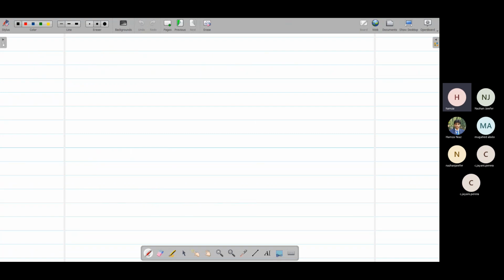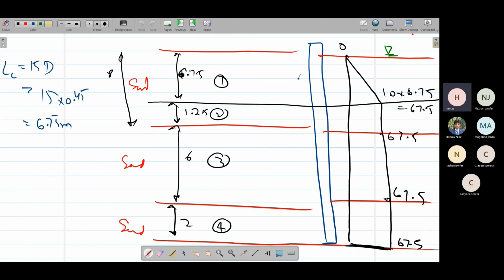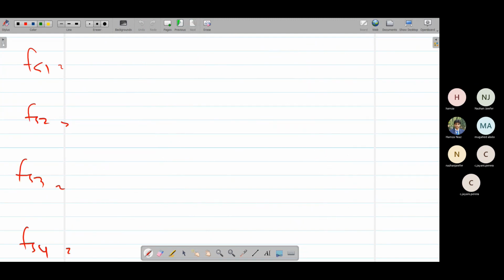After getting these QB values, we have 4 layers, so we'll get FS1, FS2, FS3, FS4, 4 skin frictions. FS1 is P into, where P value for FS1 is something like 0 plus 67.5 by 2.